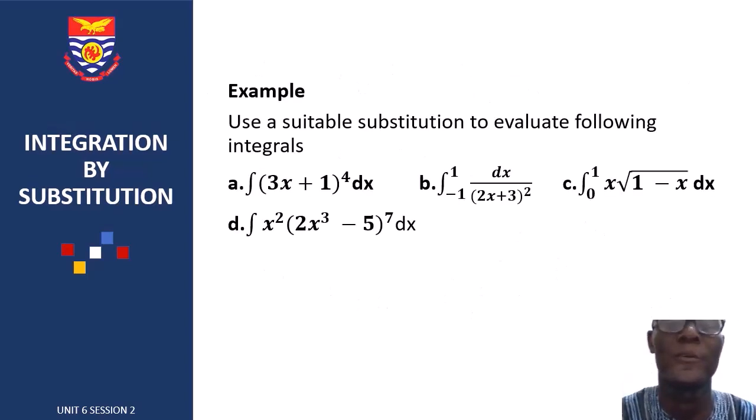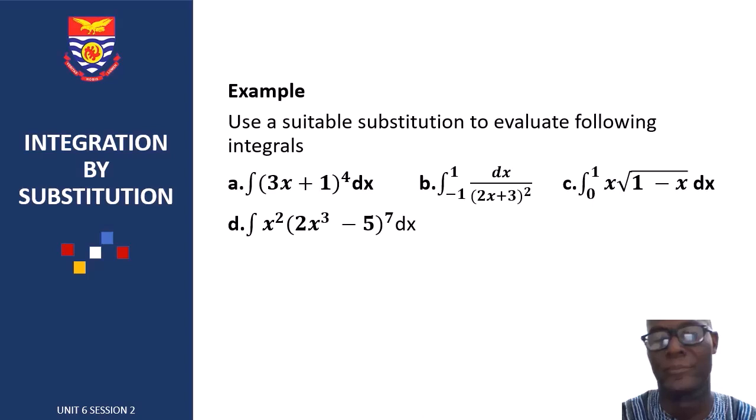Example. Use a suitable substitution to evaluate the following integrals. A. The integral of (3x + 1)^4 dx. B. The integral, the lower limit -1, the upper limit 1, dx over (2x + 3)^2.